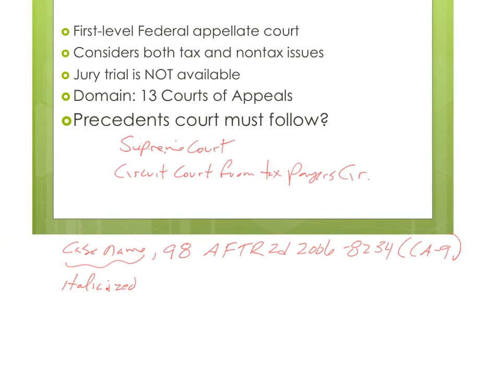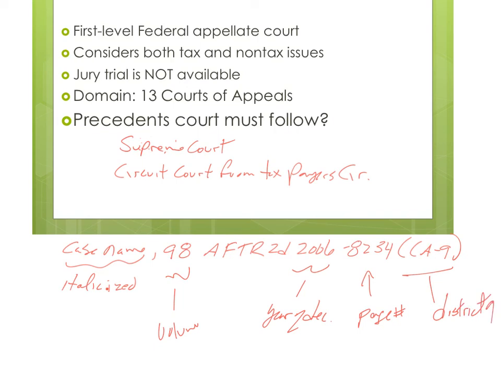In this citation, what do we have? Well, it's very similar to the others: volume, year of decision, page number, and then this is a court of appeals, okay? So what does CA-9 mean? CA does not stand for California. This is Court of Appeals, 9th District, okay?